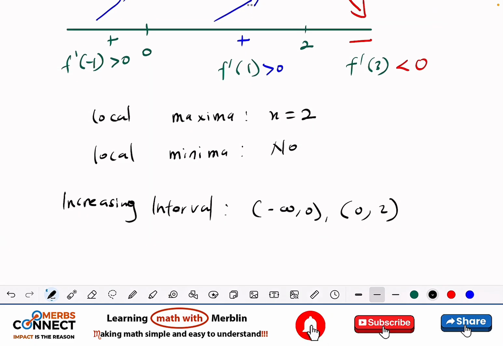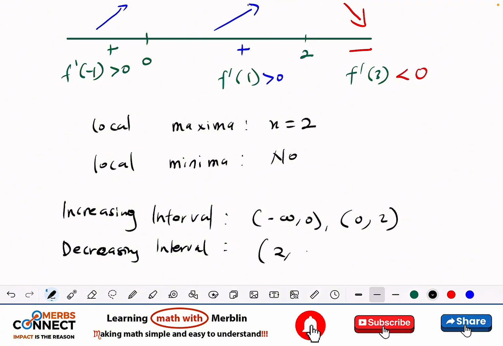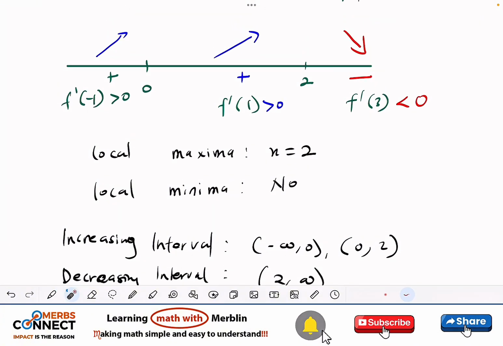So from negative infinity up to 0, and from 0 to 2, because they are all increasing. And then the decreasing interval will be from 2 to positive infinity, because we have it this way.